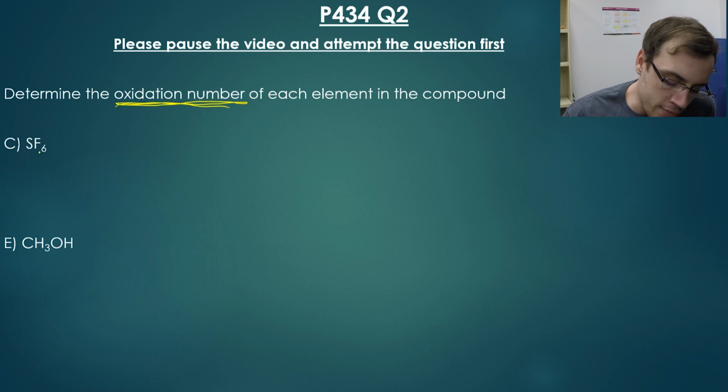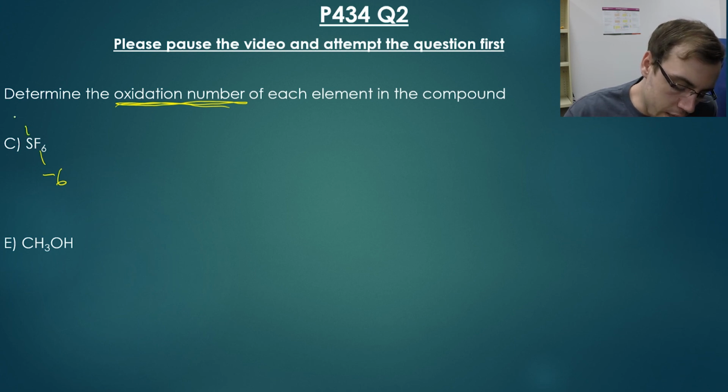So we know that fluoride is going to have a charge of -1, and because fluoride has a charge of -1 and there are 6 fluorides, it will have a charge of -6. Now, we can see too that there is no charge within this compound. It is neutral. So that tells us that the charge of sulfur must be +6.